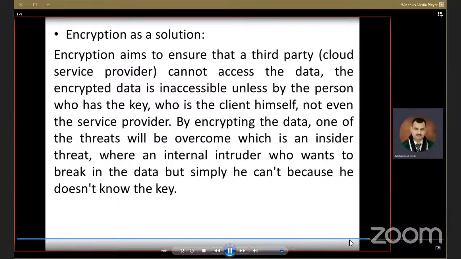By encrypting the data, one of the threats will be overcome, which is the insider threat, where an internal intruder wants to break into the data, but simply cannot because he doesn't know the key.